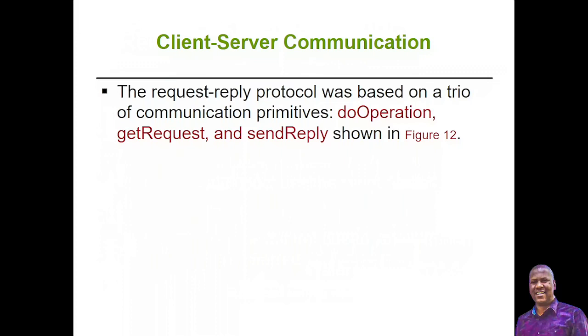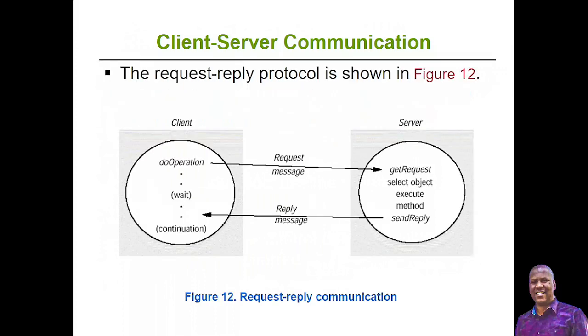Remembering what we looked at in the beginning, we looked at the request-reply protocol, which can be implemented to ensure that the client and the server communicate. For example, you have doOperation, getRequest and sendReply. These can be implemented when two processes communicate.